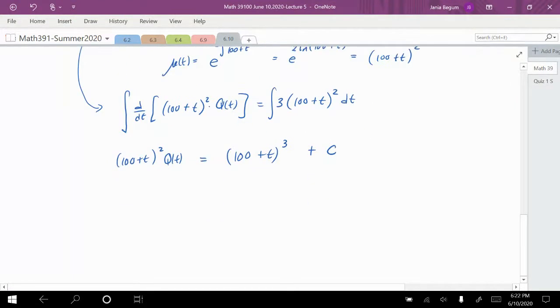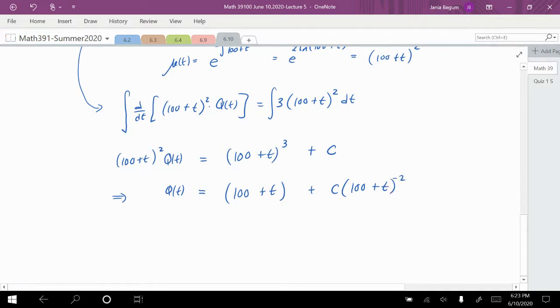And then by dividing by 100 plus t squared, we have our function Q of t is equal to 100 plus t to the first power plus c times 100 plus t to the negative 2. So that's the function Q of t.